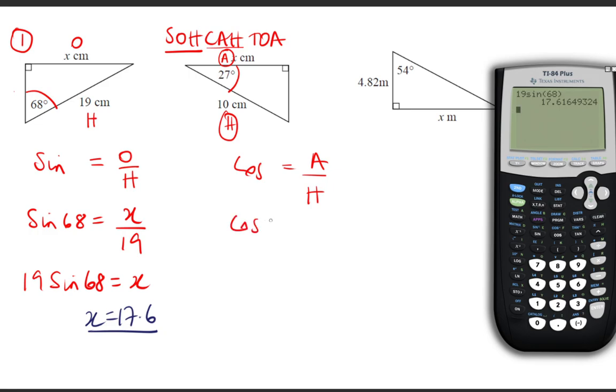Put the information into the formula, so cos 27, adjacent is x, hypotenuse is 10. So we end up with, take the 10 to the other side and multiply. 10 times the cos of 27 is x, and then we just put that into the calculator. So 8.91.